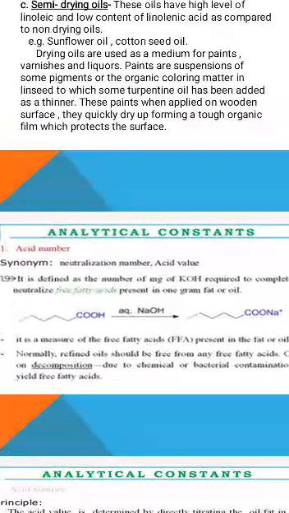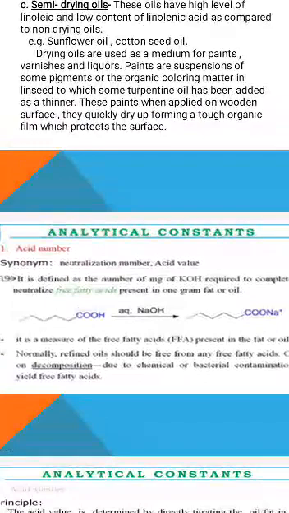Drying oils are used as a medium for paint. Paint is a suspension, or a mixture, of color pigments or organic coloring matter in linseed oil, because linseed oil is a drying oil with a high content of linolenic acid.